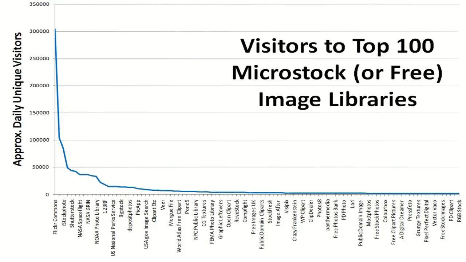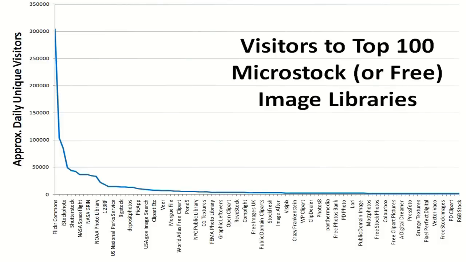If you include in that the Microstock and the free image libraries, so things like Flickr Commons or NASA Spaceflight Library, US National Park Service, various free image download websites, you see an incredibly high number of daily unique visitors to Flickr Commons, things like Wikipedia, even much higher than iStock and Shutterstock, which are quite high themselves.